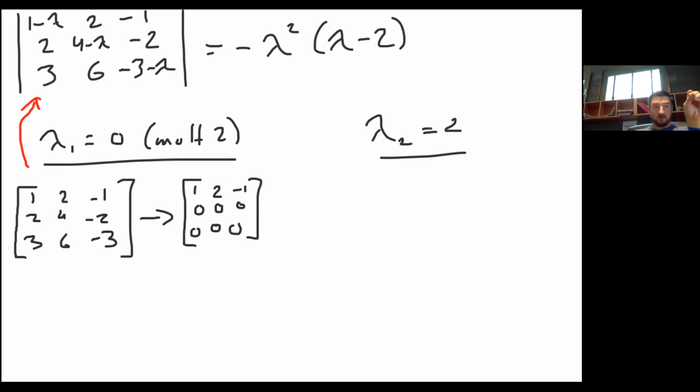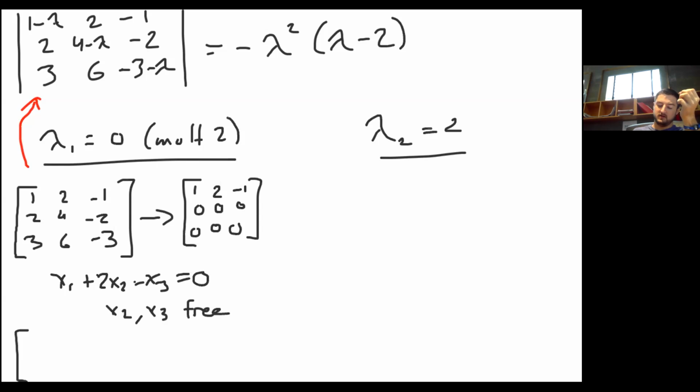That first equation tells me x1 plus 2x2 minus x3 is equal to 0, and that x2 and x3 are free. So any eigenvector for this eigenvalue would be x1 equals x3 minus 2x2, then x2, x3.